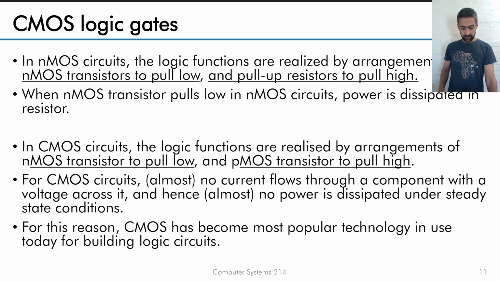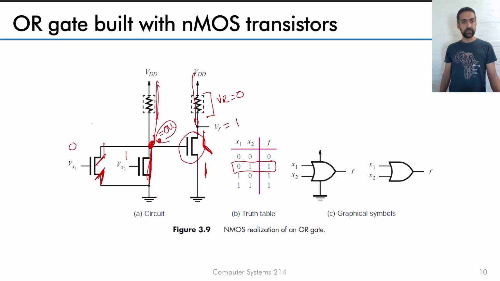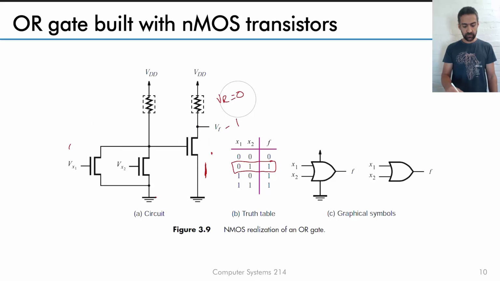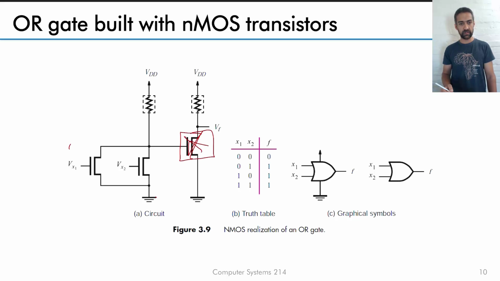Let's look at CMOS now. So just going back real quick on this slide, one of the issues here, you should have realized this, hopefully you did. One of the big issues here is that in the case when this transistor is turned off, so it's not conducting, in that scenario, current is not flowing through here, so that's good. It doesn't use a lot of power. There's almost no power used by this part of the circuit. However, if this transistor is conducting, this turns into a short circuit, and then power is dissipated by this resistor.